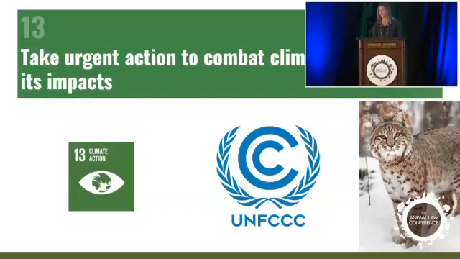We already have effects, but if we want to avoid the worst, we have to stay below 1.5 degrees Celsius. And again, the Paris Agreement was part of this 2015 Agenda for Sustainable Development that Pam just talked about, that the Sustainable Development Goals came out of.